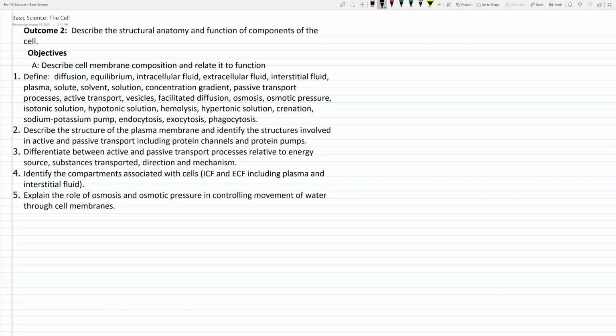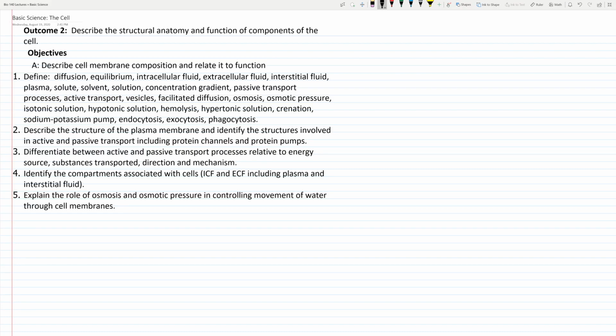Words: diffusion, equilibrium, intracellular fluid, extracellular fluid, interstitial fluid, which is just kind of like extracellular fluid, plasma, which is a form of extracellular fluid. So it's like, I just don't understand that. We've talked about solute, solvents, and solutions. Again, whoever did this didn't really think it through, and just threw these in without thinking where they belonged.